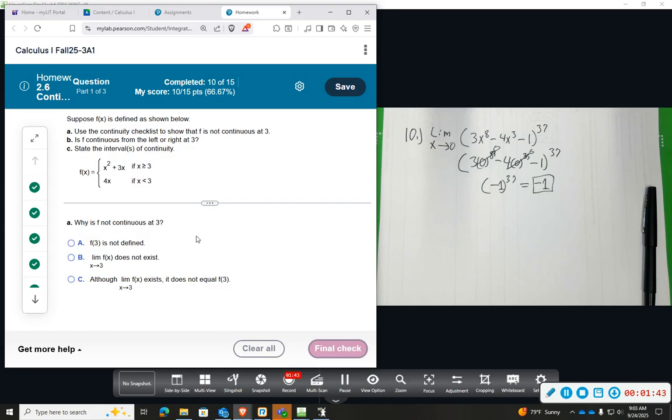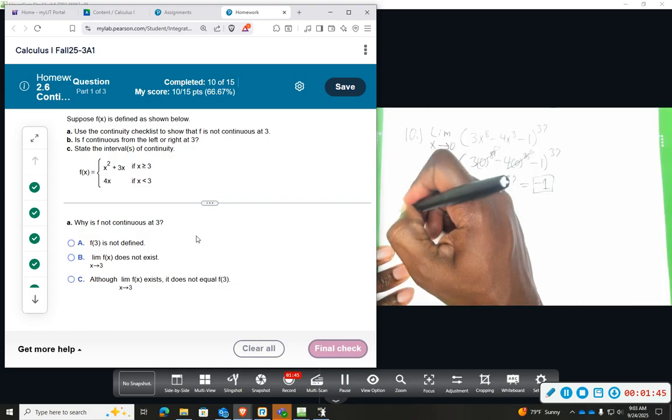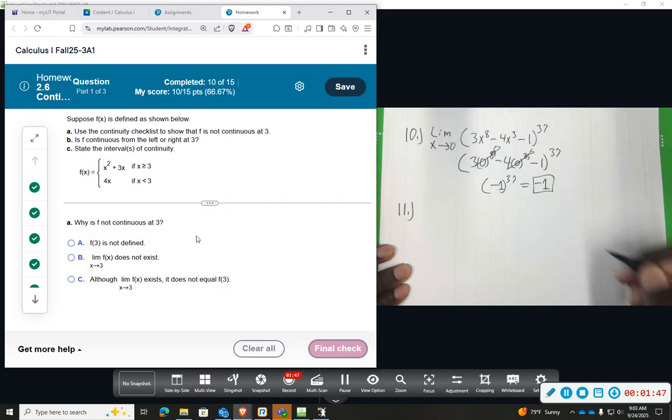All right, number 11. It says suppose f of x is defined as below, and we're going to use the continuity checklist to show that f is not continuous at 3, and then it asks is f continuous from left or right at 3, and then we're going to state intervals of continuity.